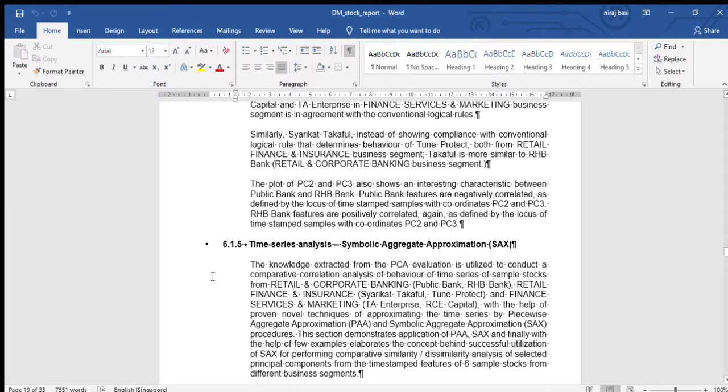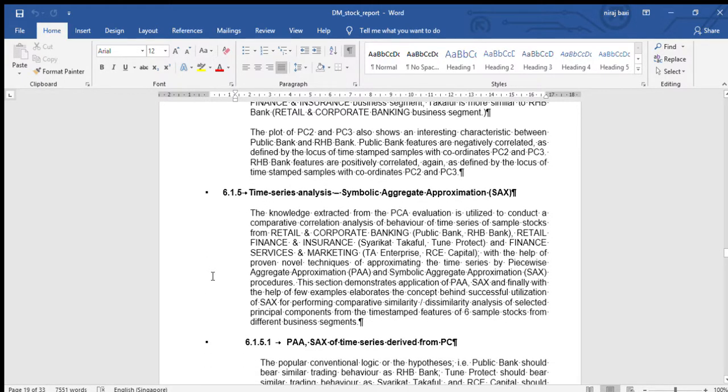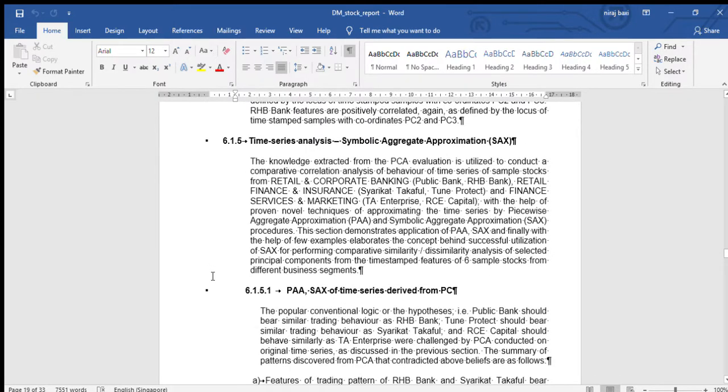So moving on from the PCA, we go into this new style of representing the time series, which is called the piecewise aggregate approximation and symbolic aggregate approximation.